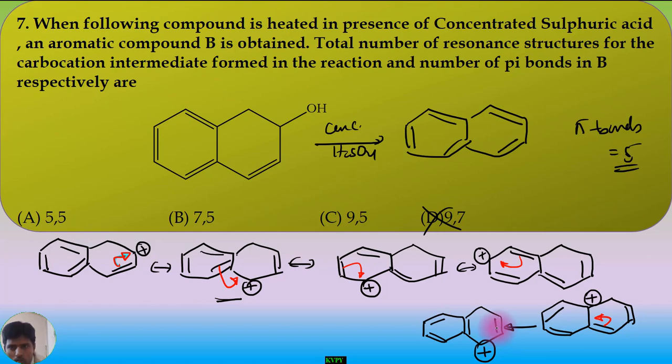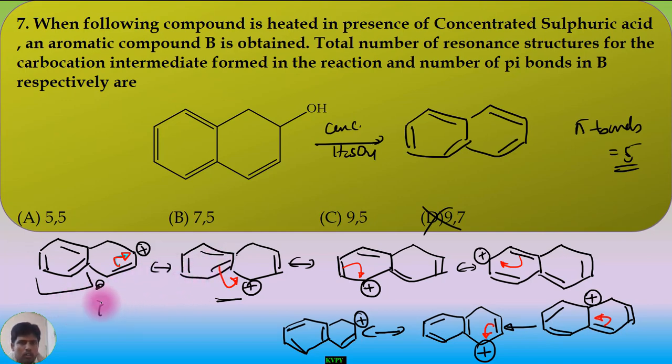So there is one more possibility of having another carbocation. So here this bond, if it moves, it will become a double bond over here, and we have this carbocation. So the first one and the last one appear to be same, but they are different because the position of double bond in this particular ring is different.